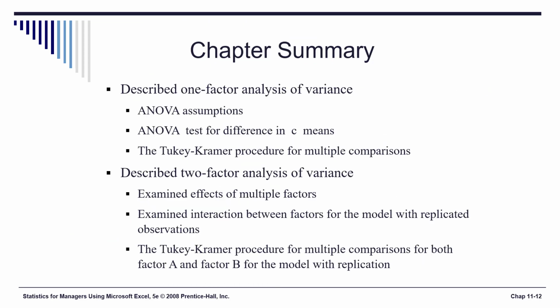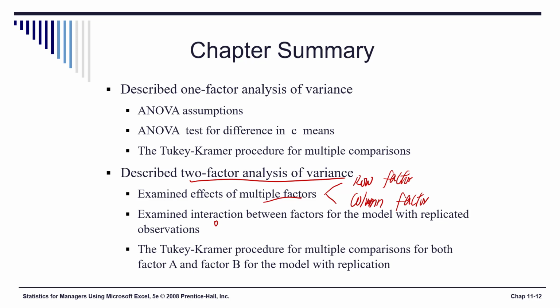So for this particular section, we just talked about the two-factor ANOVA, right? We examine the effects of multiple factors: the row factor, the column factor, and the interaction between the row factor and the column factor. We perform 3 different hypothesis tests, one on each.